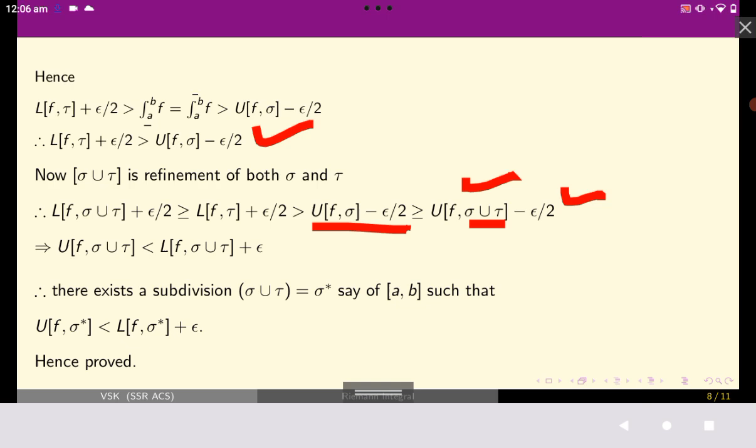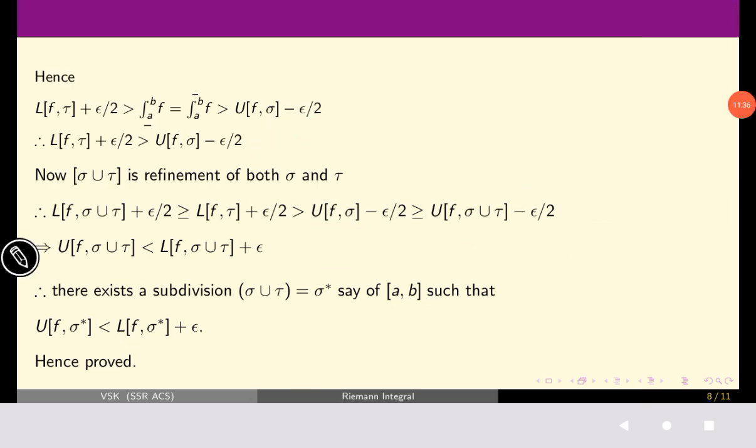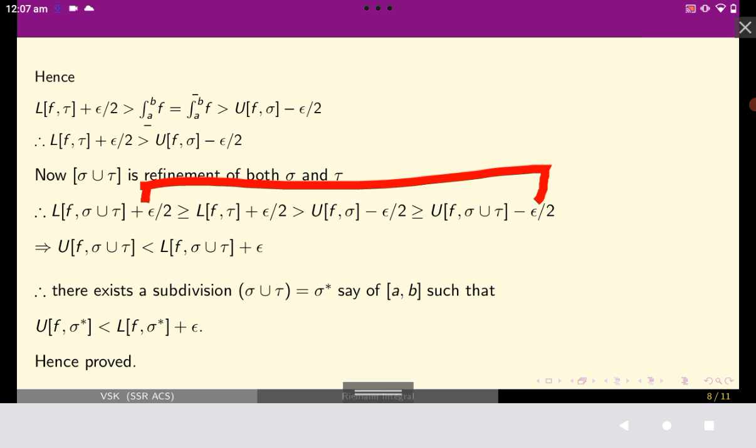So from the first one and the last one, we obtain that the upper Riemann sum with respect to sigma union tau is less than or equal to, because of this strict inequality, the lower Riemann sum with respect to sigma union tau plus epsilon.